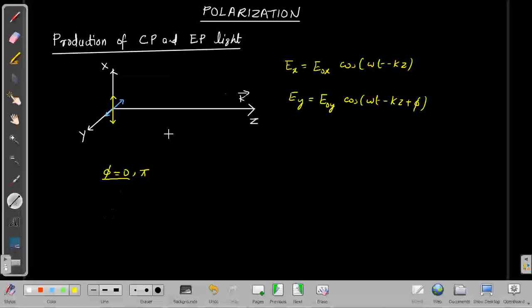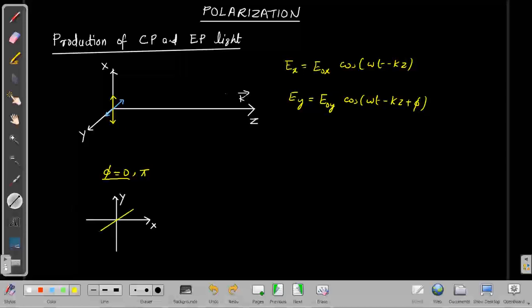What the direction of oscillation would be for phi equal to 0 or pi, I can just draw here. Remember, z is the direction of propagation. Suppose the light is coming towards you. I can draw this as x and this as y. If the phase difference is 0 or pi, then the oscillation of the electric field would be like this.